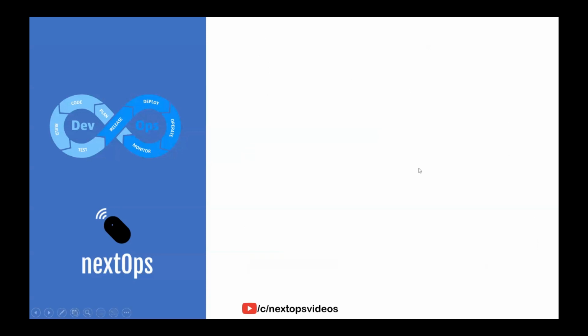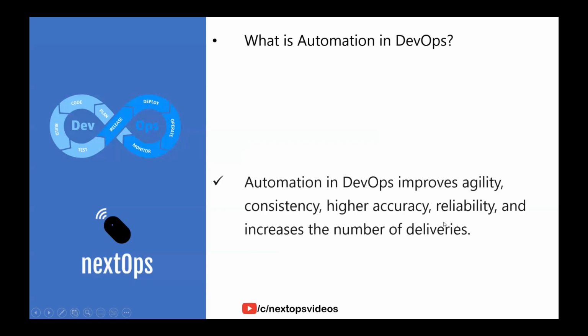In simple terms, what is automation in DevOps? DevOps usually encourages automation for everything. It actually encourages you, or enforces you, to automate everything. There shouldn't be any manual intervention for any of the activity within the DevOps.